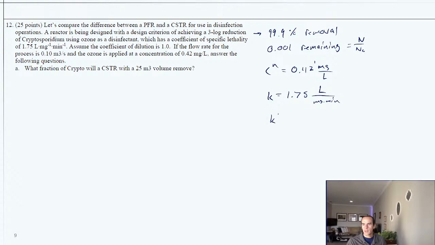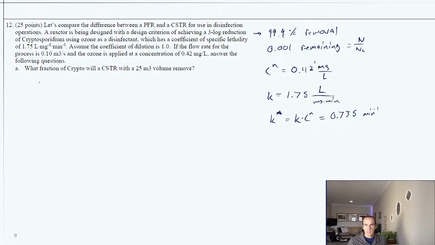This means we could calculate our K star, which is simply K times C to that N power. And if we put these two together, we will get a K star of 0.735 per minute. Okay, that will be a nice springboard for the rest of our problem.